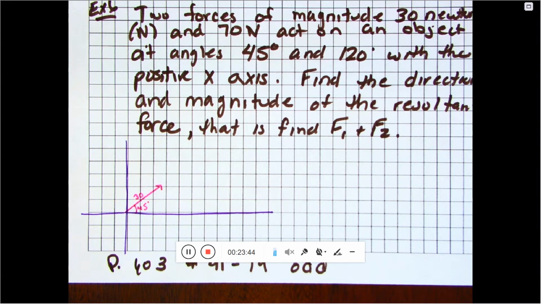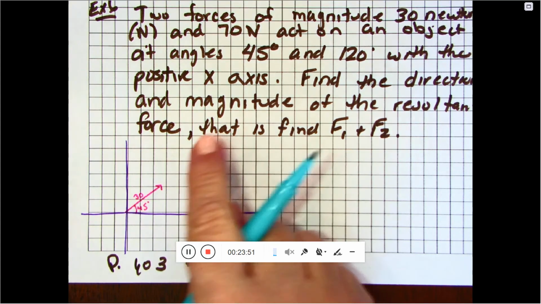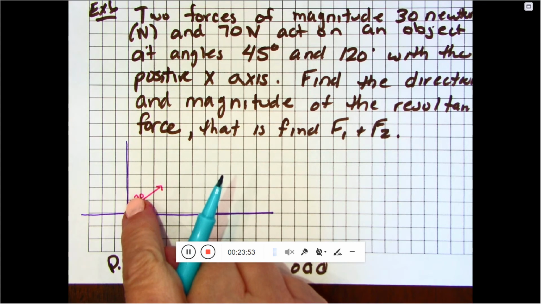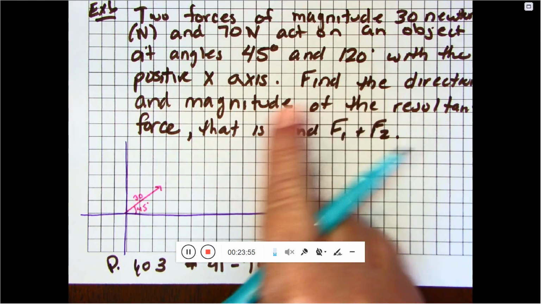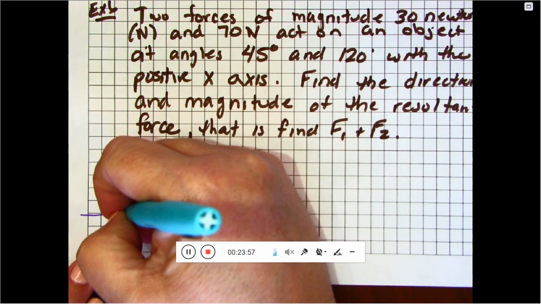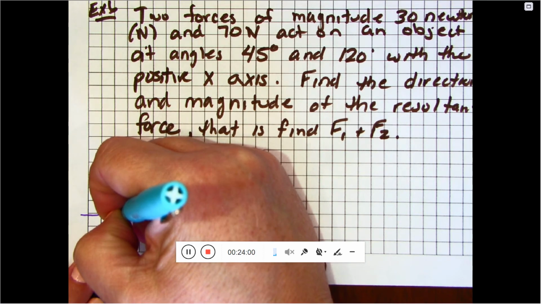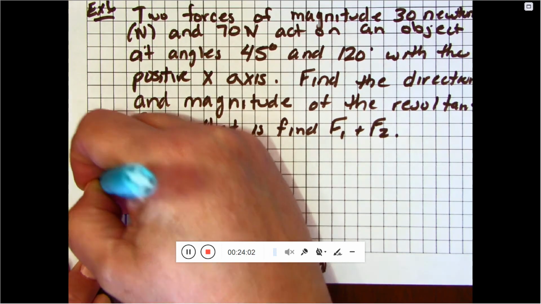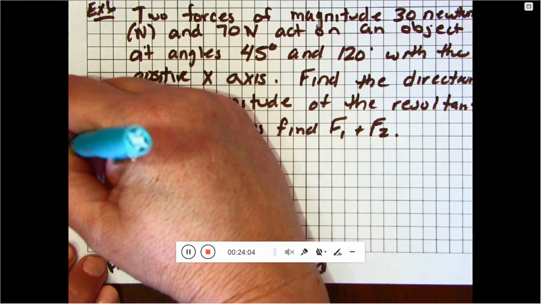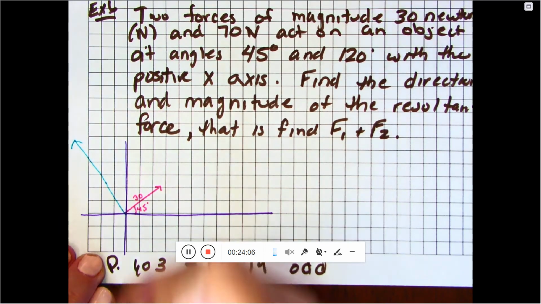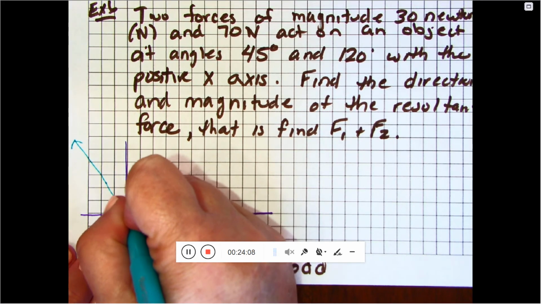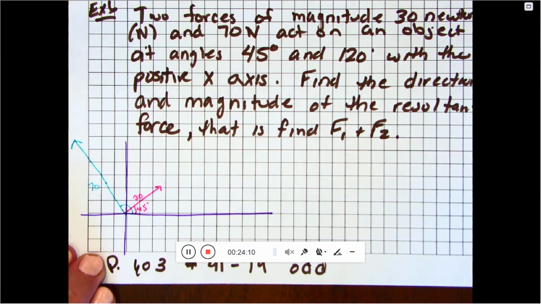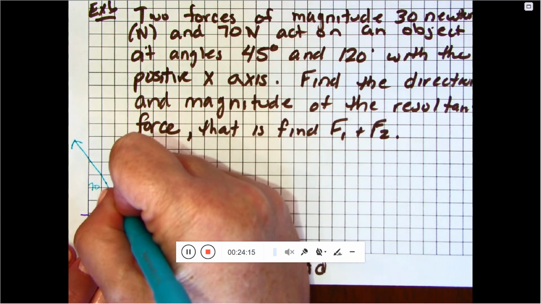The second one, I'll draw in a different color, is 70 newtons, so it'll be more than double this length, and at 120 degrees with the positive x-axis. So it looks maybe something like this. I try to draw it a little bit to scale, so this has a magnitude of 70 and 120 degrees.